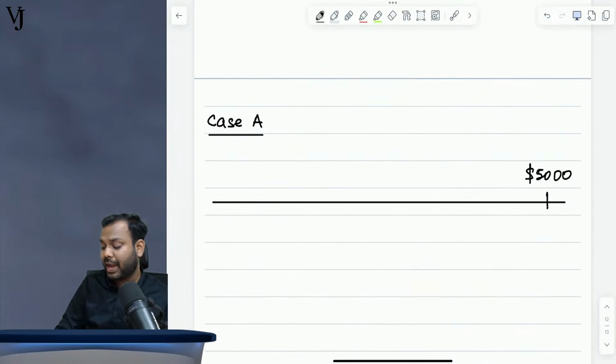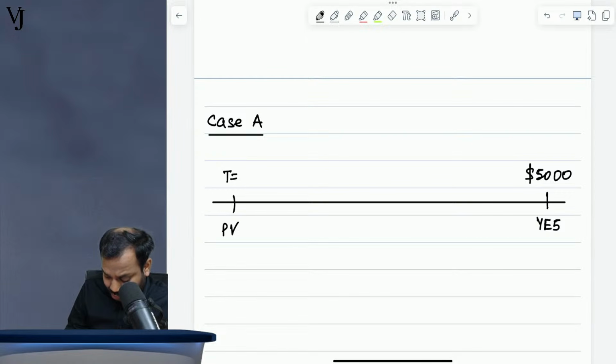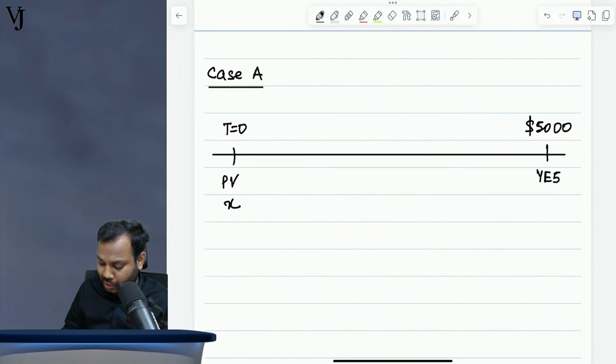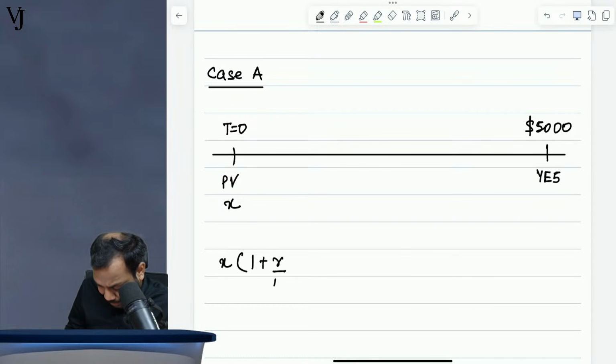Now, 5,000 I have to pay at year end 5. What is the present value at t equals 0? Tell me, how will you calculate the same? Let's say the present value is X. Using the compound interest formula, X multiplied by (1 plus R by 100) to the power N is equal to 5,000.